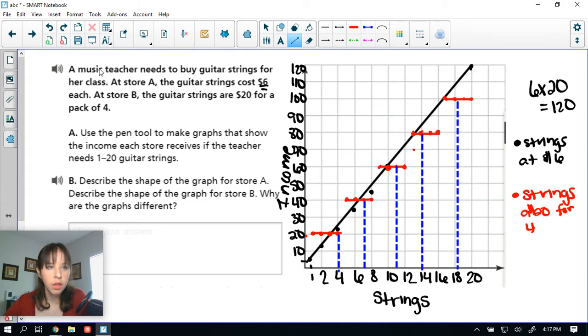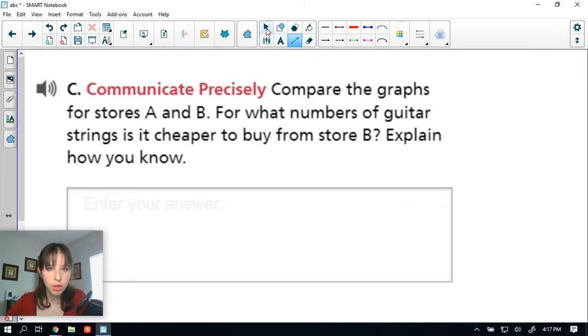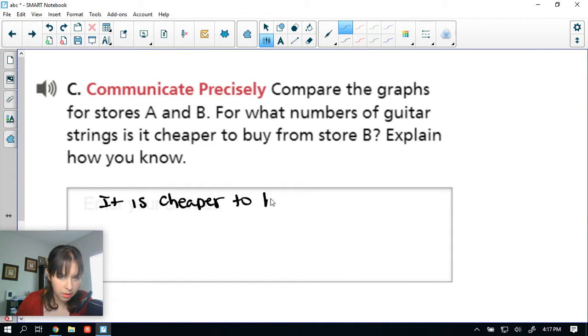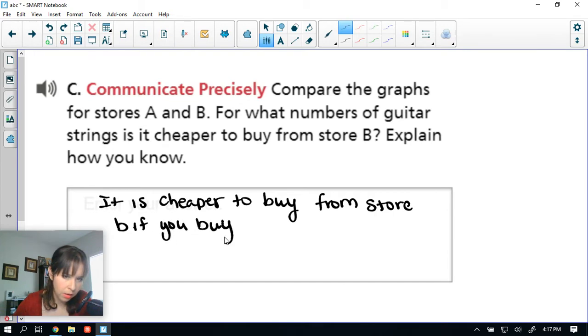So to put this into actual words, it is cheaper to buy from store B if you are purchasing 4 or 7.